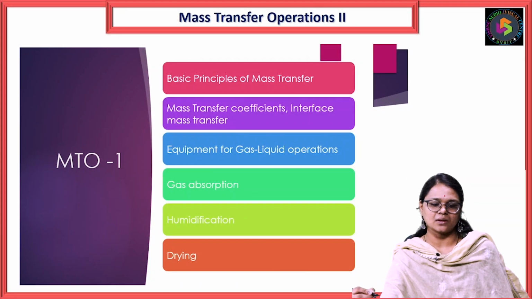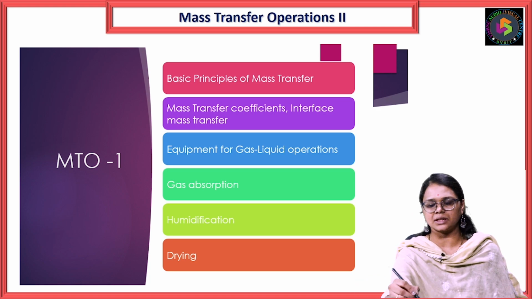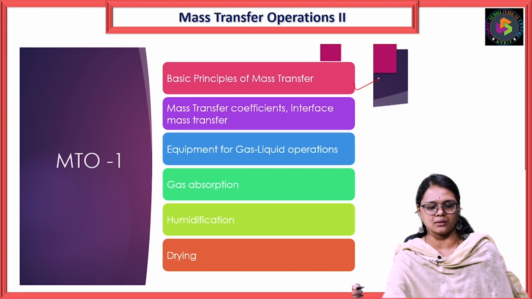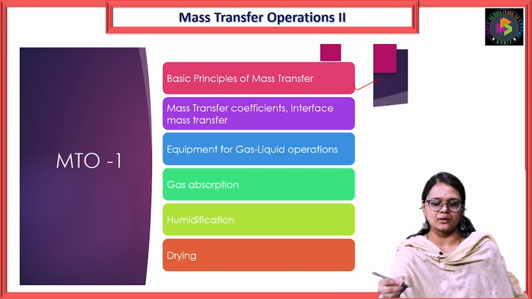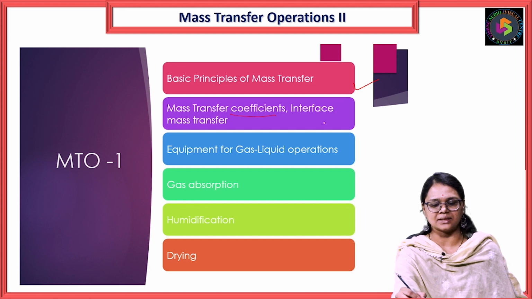Basically, in mass transfer there are two sections, mass transfer 1 and 2. In 1, we'll study the basic principles of mass transfer, along with mass transfer coefficients and interface mass transfer.